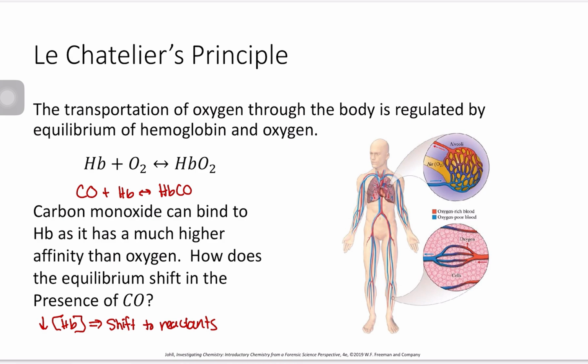What it means is we see a decrease of oxygen bound to the hemoglobin, because it's going to shift towards the reactants where we just have hemoglobin and oxygen. So that means we're not transporting oxygen throughout our body as much anymore, and that's how someone can have carbon monoxide poisoning.